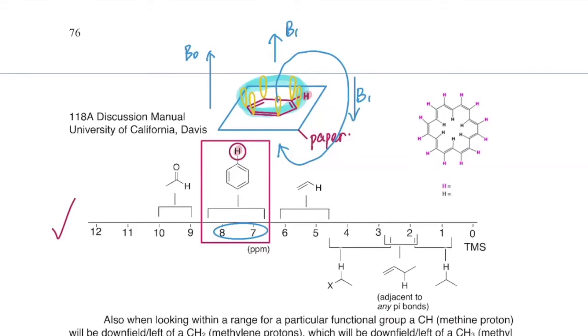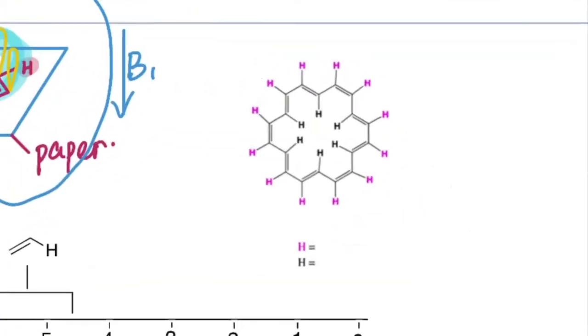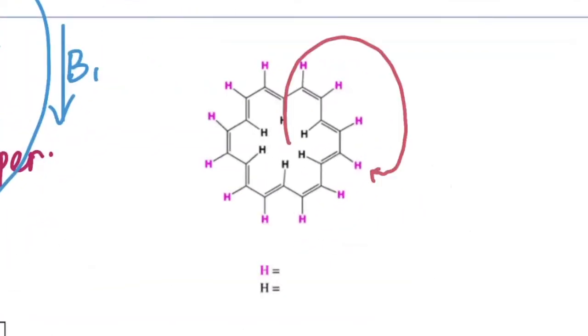Similarly, I draw another structure here. I just told you that it's aromatic. It's also going to have a B1 pointing up, and an extra B1 pointing down, so some hydrogens are outside and some inside of the ring. Have a guess at what the shift of the proton inside, which is black, and outside will be.